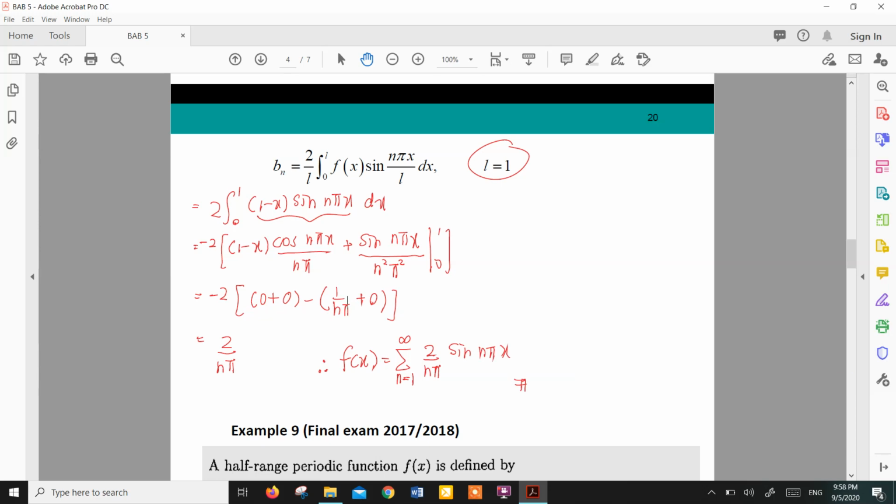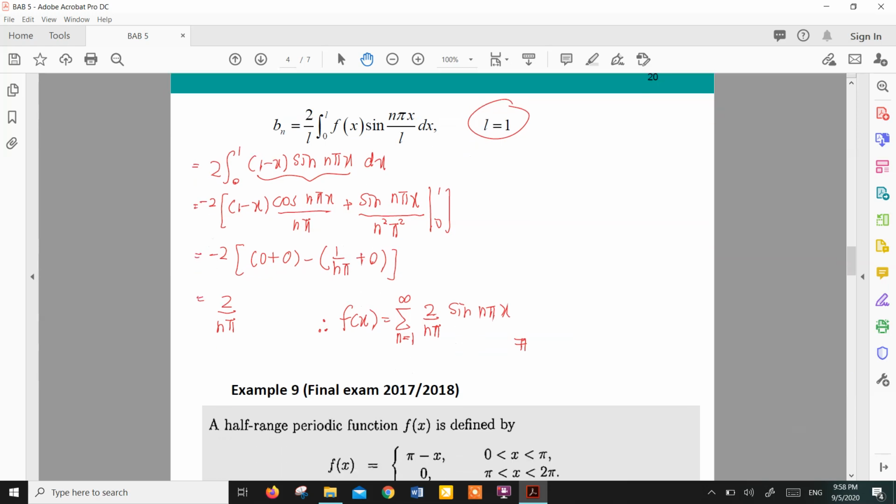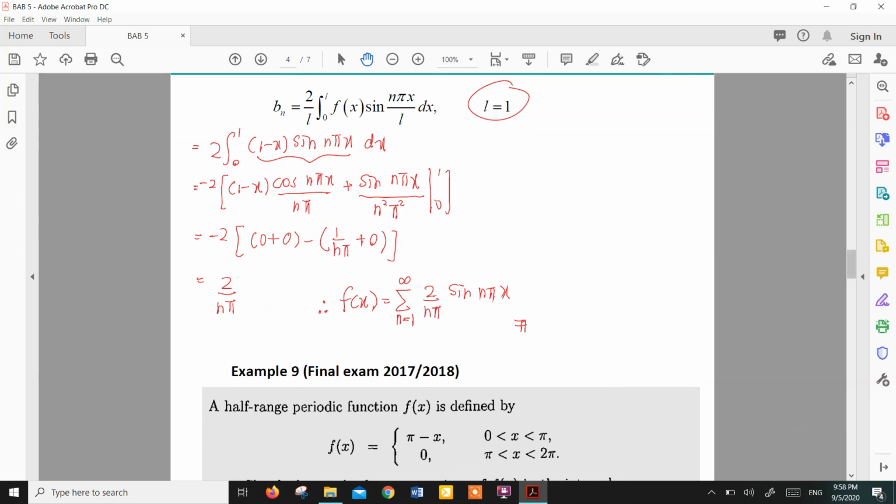Okay, so this is the function when you find the Fourier sine series. So that's all for half range expansion.